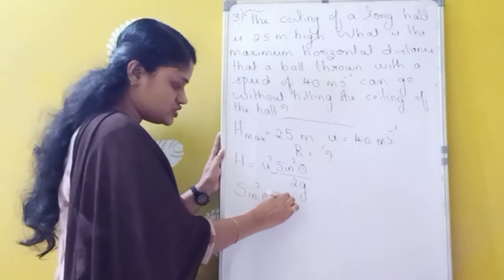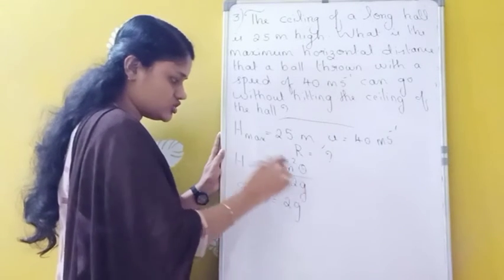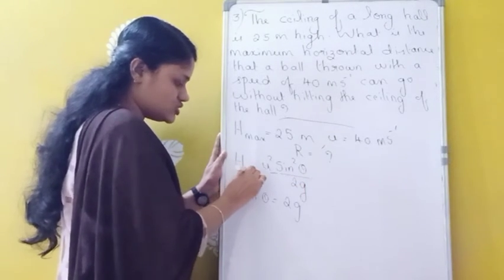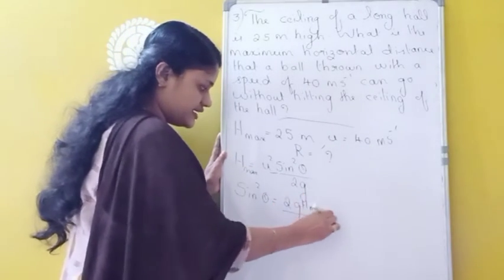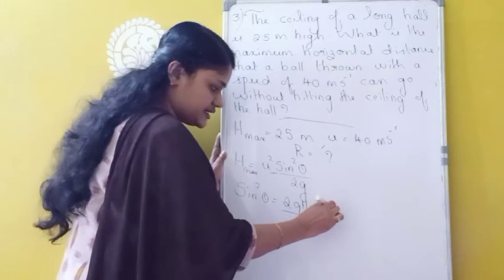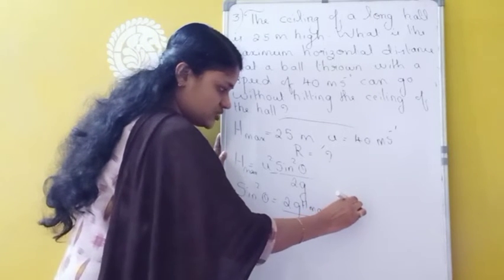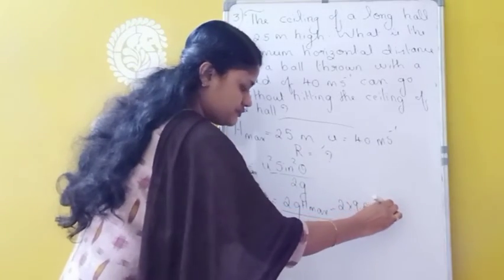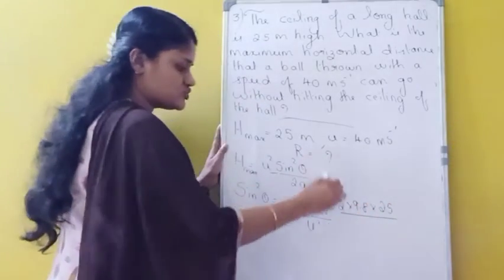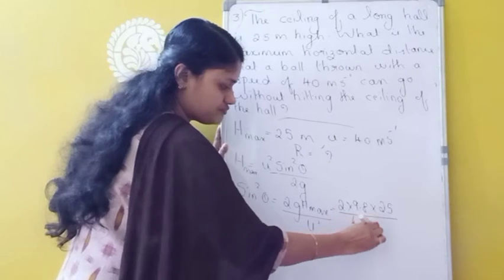Sine square theta is equivalent to 2g into H maximum divided by u square, cross multiplying. That is 2 into 9.8 into 25 divided by u square, 40 into 40.